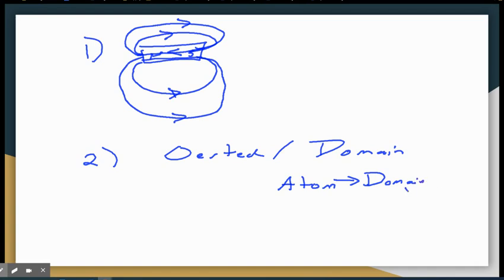And then if you get a series of domains working together, you have an overall magnetic material. So that's the domain theory. That's how we understand, and that's starting to put together this idea that Oersted figured out, that there's some sort of connection between electricity and magnetism.